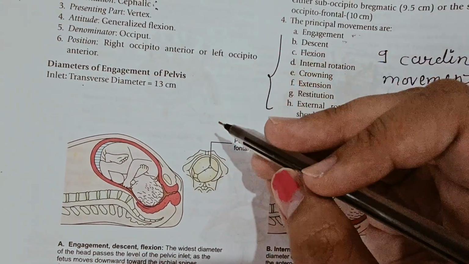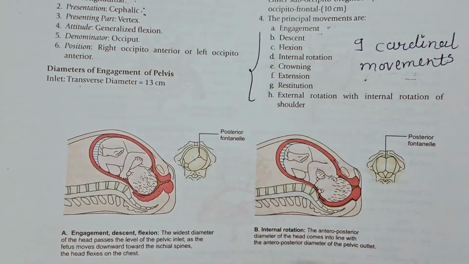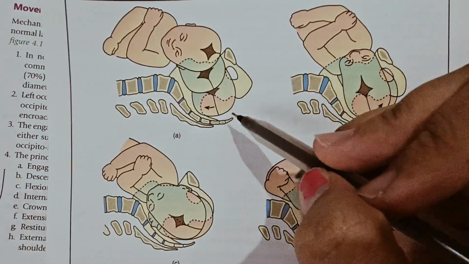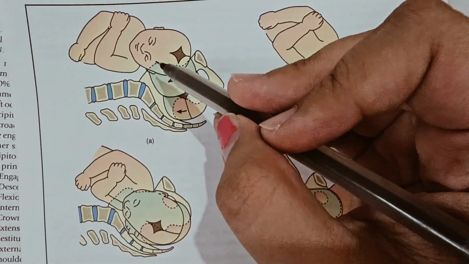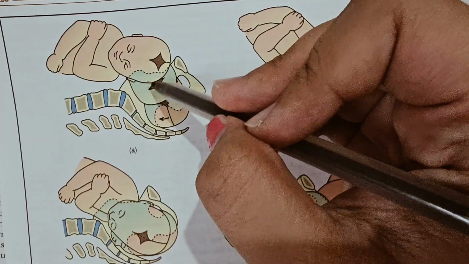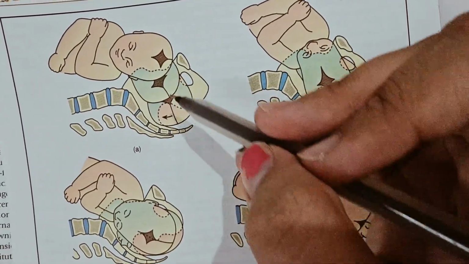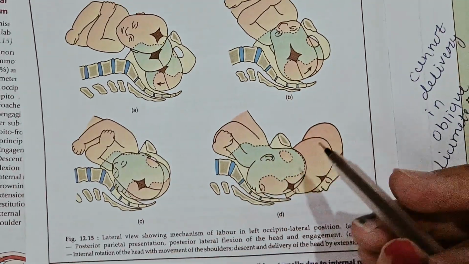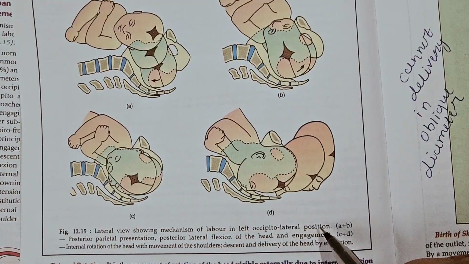Now the fetal head starts to attach in the inlet part, nearer to the ischial spine, maybe nearer to -5 to -4 degree. The occiput part comes to the left side, and now it's the anterior portion. Then it rotates further. This is called a left occipitolateral position.